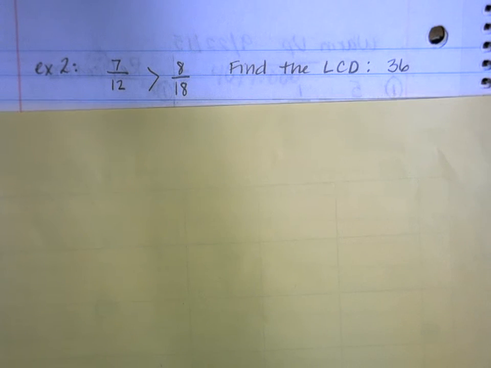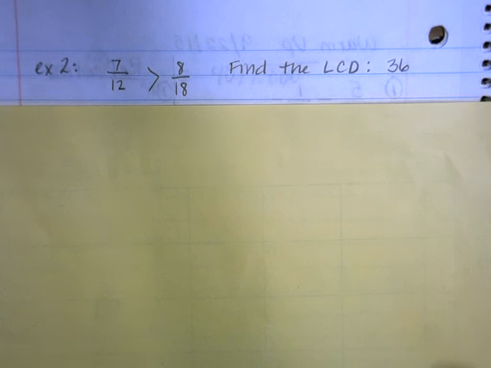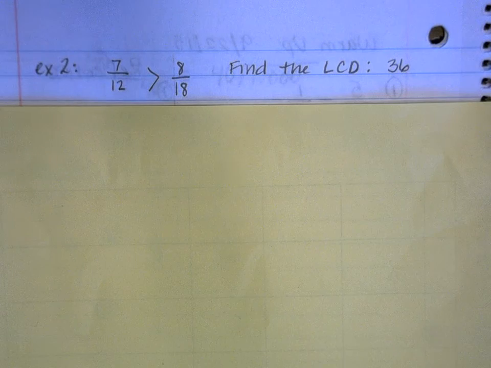So if we find the LCD first, we know it's 36. 12 goes into 36 how many times? 3 times. 18 goes into 36 how many times? 2 times, right? So that's the lowest common denominator.